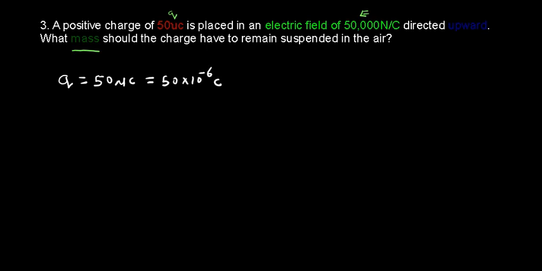The second parameter is the electric field, which is equal to 50,000 Newton per coulomb. Now, the question is asking us, what mass should the charge have to remain suspended in air? So we are looking for the mass. We don't know it, so that's what we're looking for.